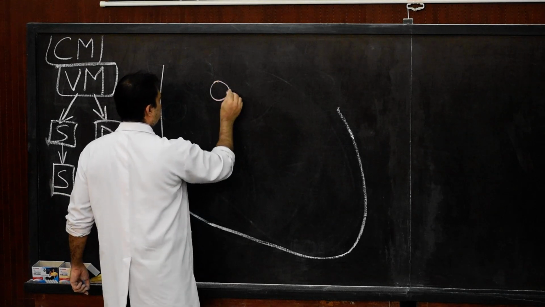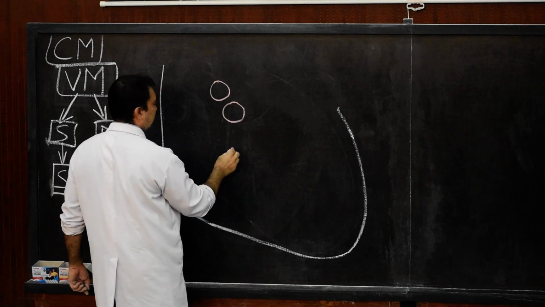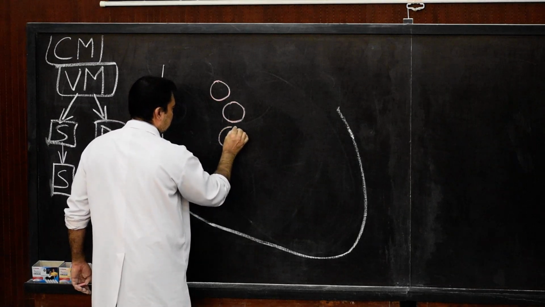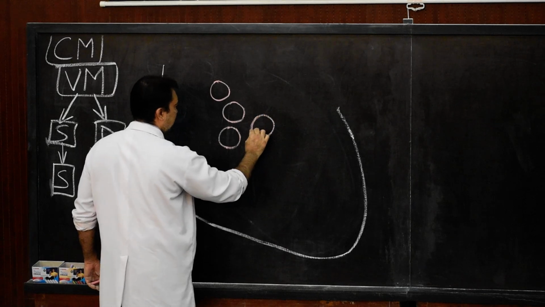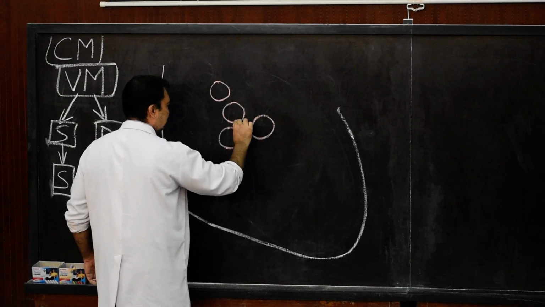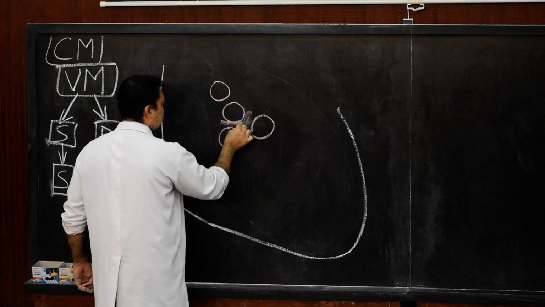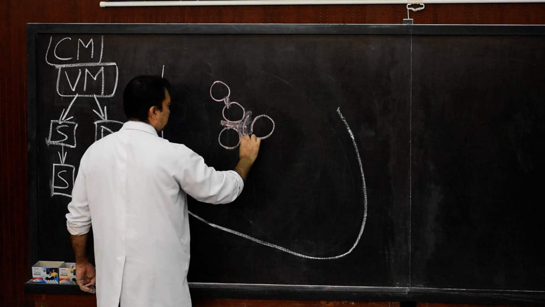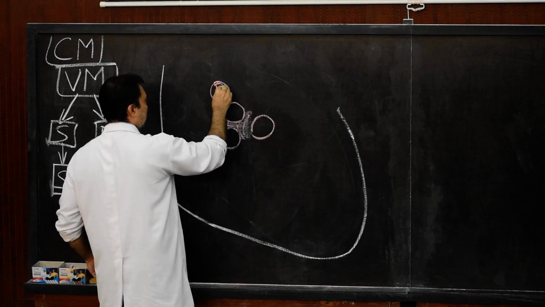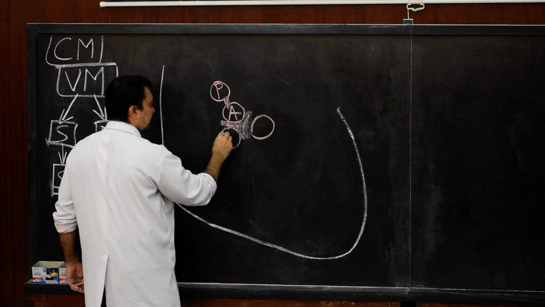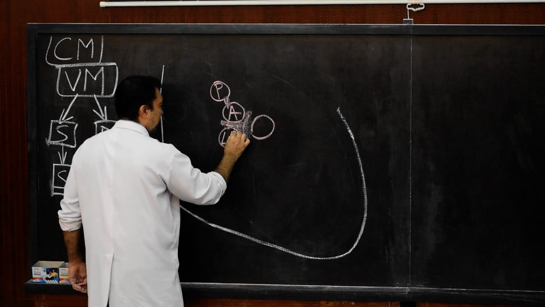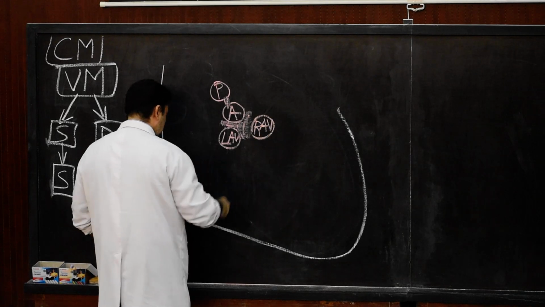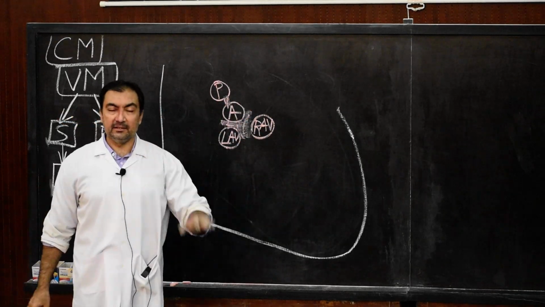Now here, I show the pulmonary trunk, the aortic annulus, pulmonary annulus, which we already have discussed, the mitral and tricuspid annulus, and this represents the fibrous skeleton. This will represent the tendon of infundibulum. This is the central fibrous body, this is the pulmonary annulus, this is the aortic annulus, this is the left atrioventricular annulus, this is the right atrioventricular annulus, and therefore this is the fibrous skeleton.